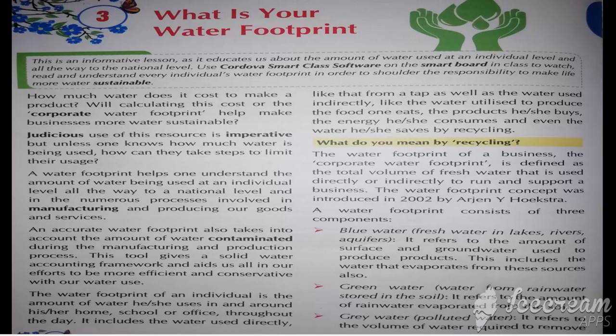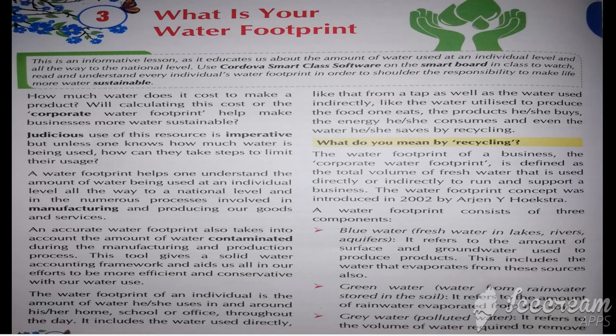The water footprint, if we are talking about individuals, is the amount of water they are using in the process to make food and around his or her home, and how much water they are using in schools and offices throughout the day.